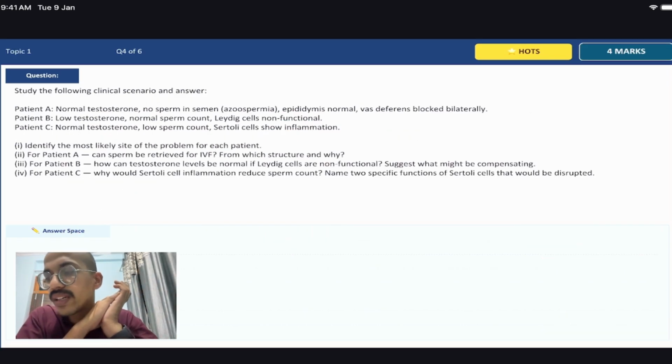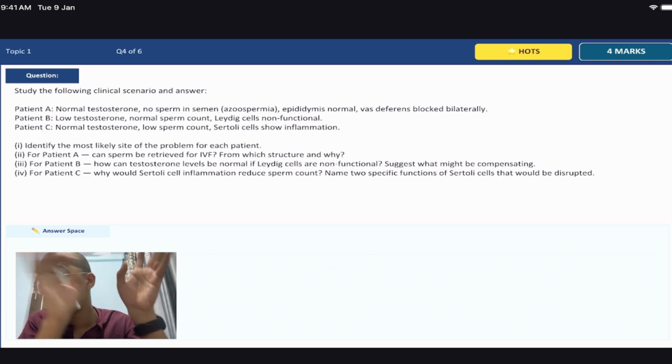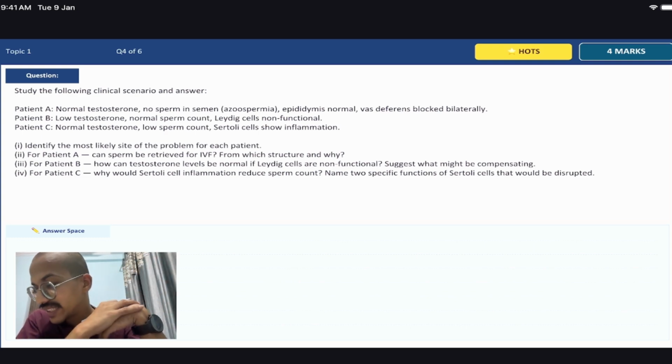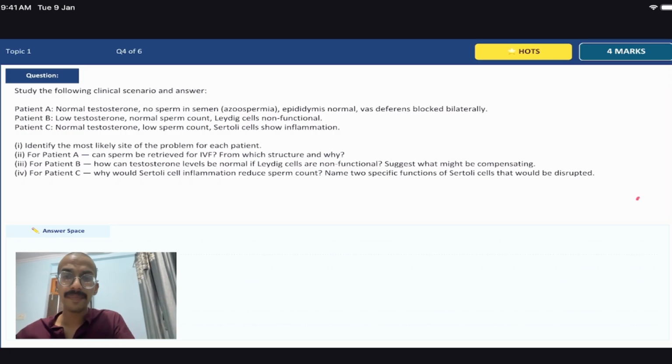Study the following clinical scenario and answer. Patient A has normal testosterone but no sperm; testosterone is normal but no sperm is present in the semen. This condition is called azoospermia. Epididymis is normal, the vas deferens is blocked bilaterally.